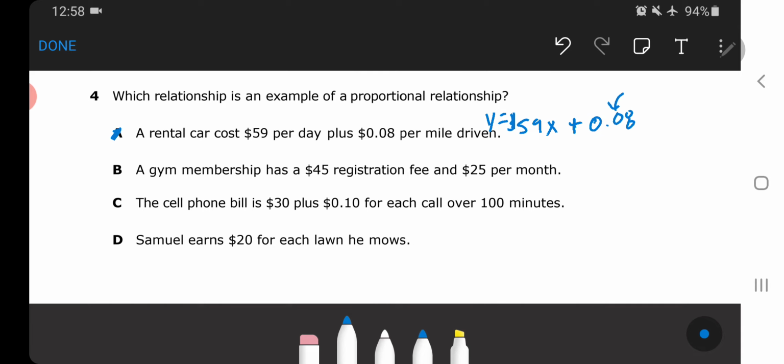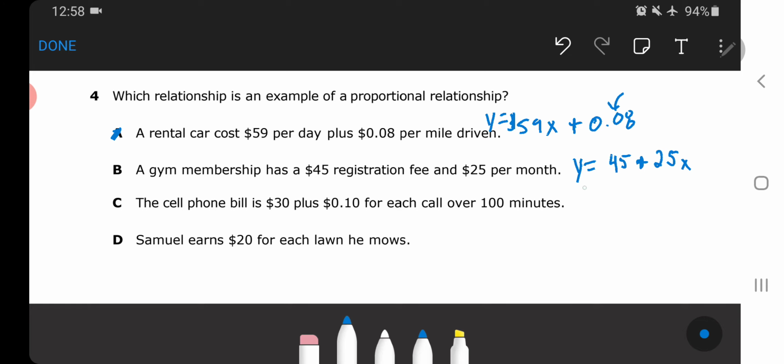B, a gym membership has a $45 registration fee. So the total cost would be $45 for the registration fee, plus $25 per month, $25 for every month. You can call it Y and X, whatever you want.